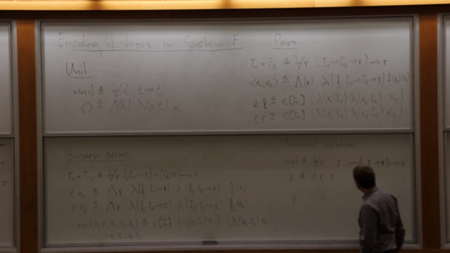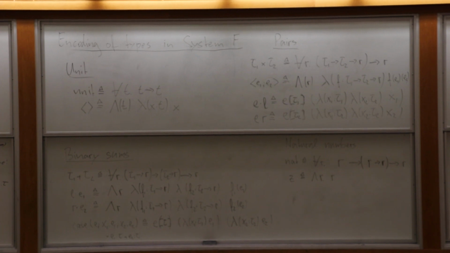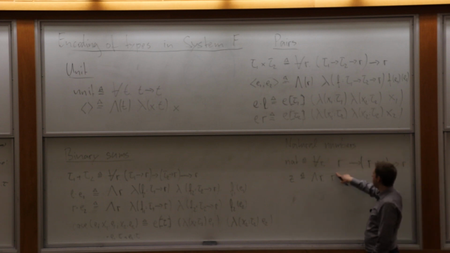R. Well, not quite, right? Because it doesn't have the right type. It needs to have a type with 2 arrows. So we have to further follow the type structure, right?